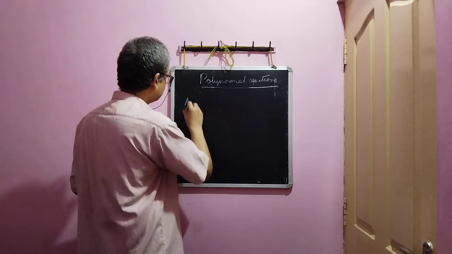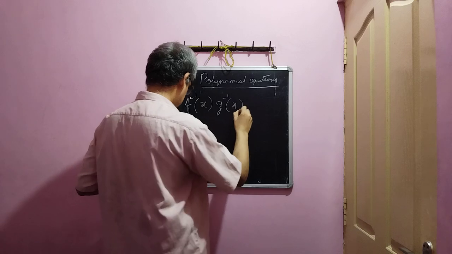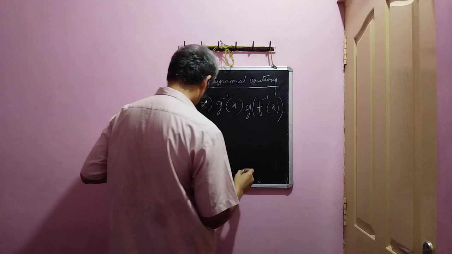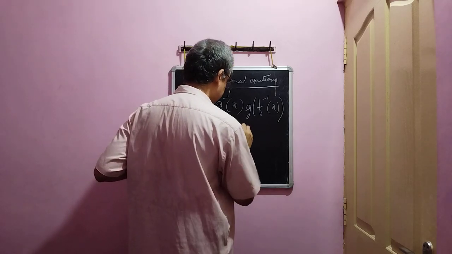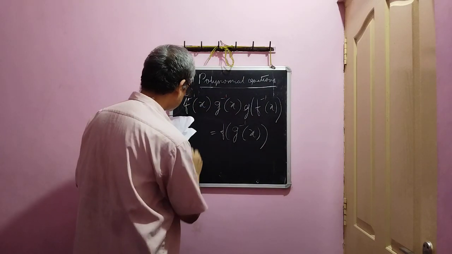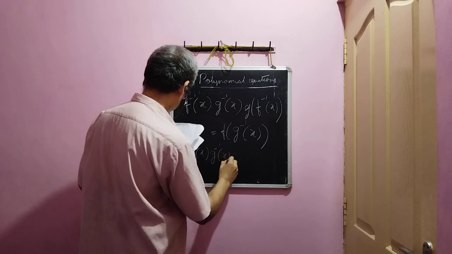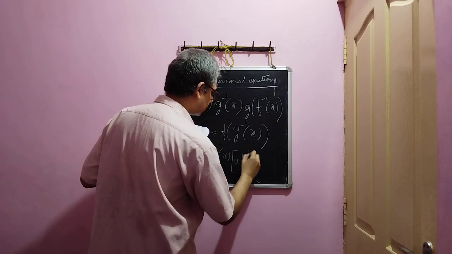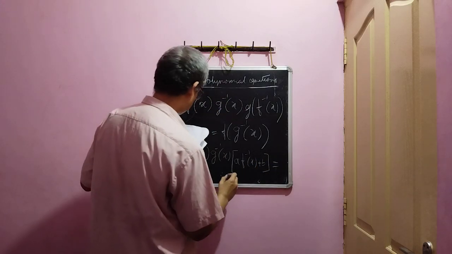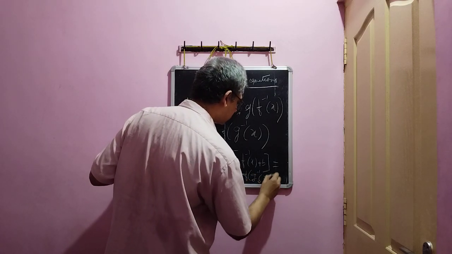Which gives f inverse of x times g inverse of x times g of f inverse of x equal to f of g inverse of x, which gives you f inverse of x times g inverse of x times a times f inverse of x plus b is equal to f of g inverse of x.